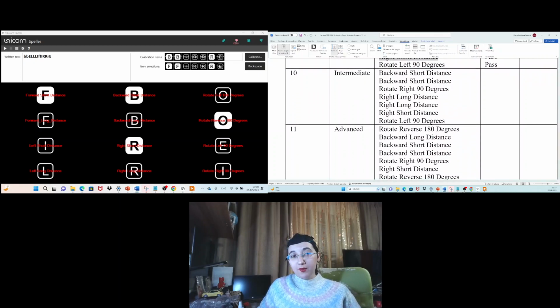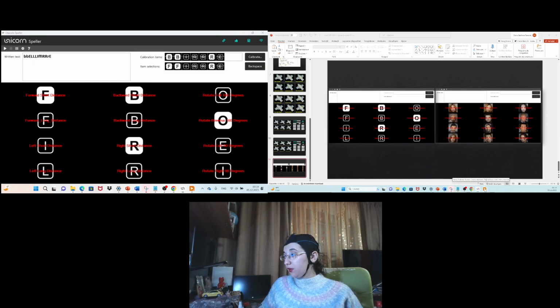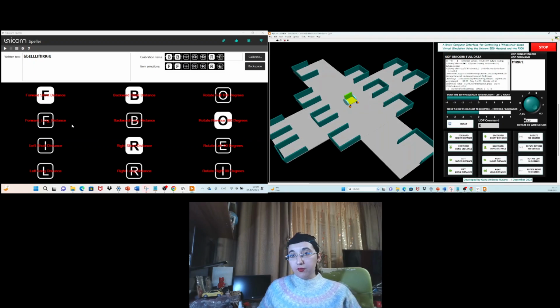So the only difference is determined by replacing forward with backward, and the other commands are the same. Okay, let's begin. So the first one is backward short distance, executed 2 times. Yes. And here in LabVIEW, you can check the controlling of the 3D wheelchair by this movement direction.